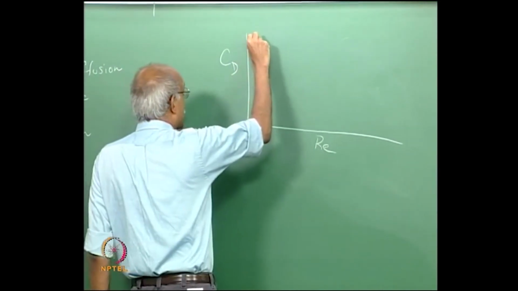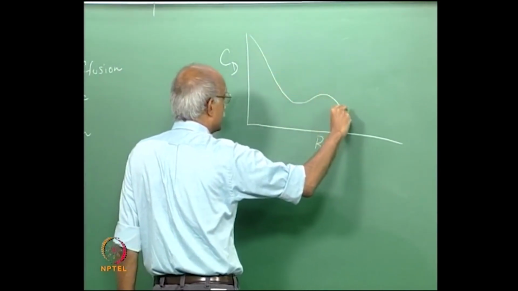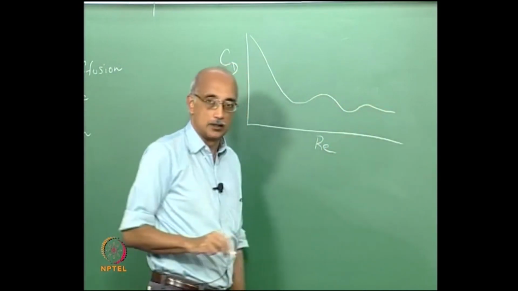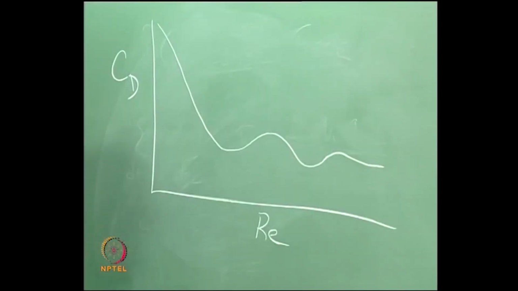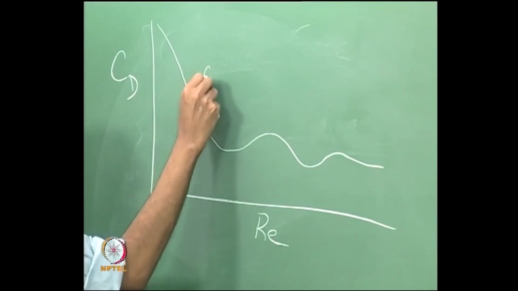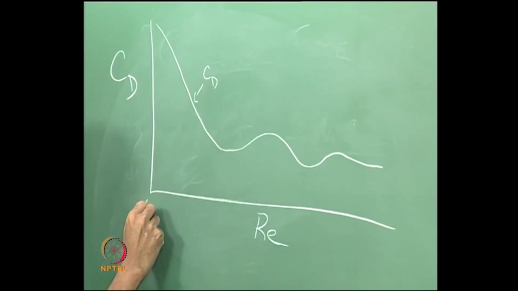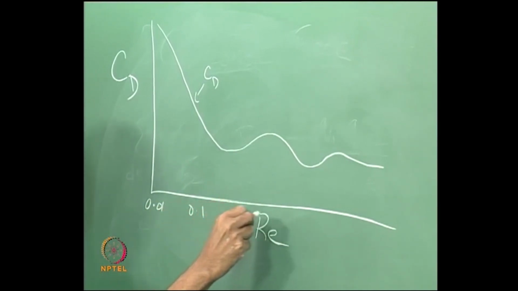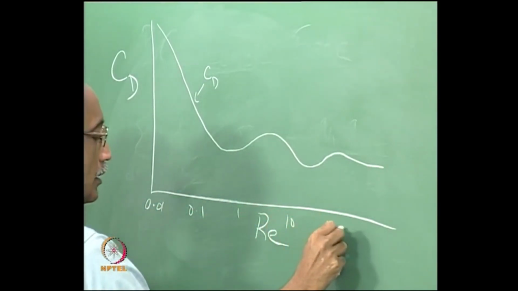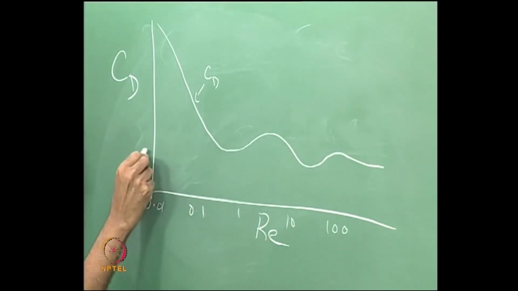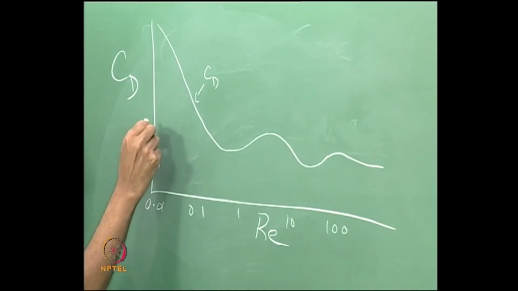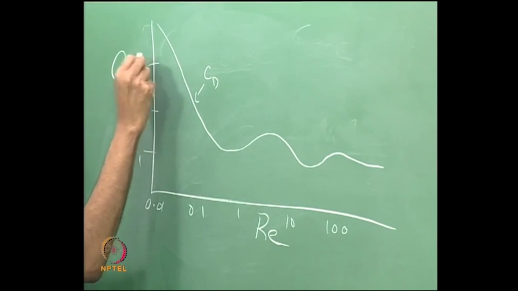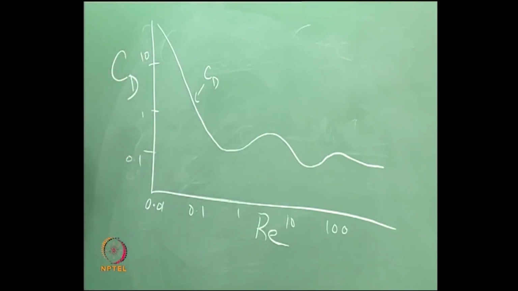There is a linear portion, and then more of a cyclical behavior. This is a log-log plot, so this goes from 0.01, 0.1, 1, 10, 100 and so on, and this value is 0.1, 1, 10 and so on.